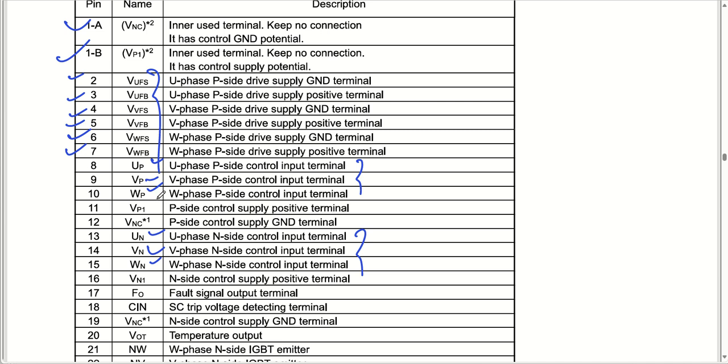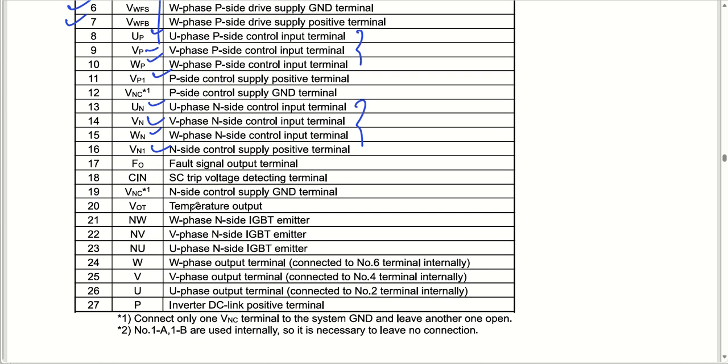Coming to the other pins, we have VP1 and VN1. These are the P side control supply positive terminal and the N side control supply positive terminal. Basically a 15-volt power supply is given here.